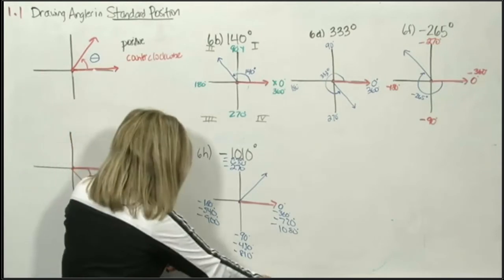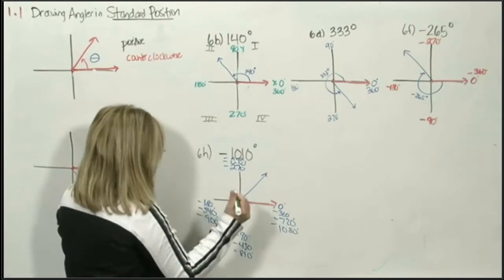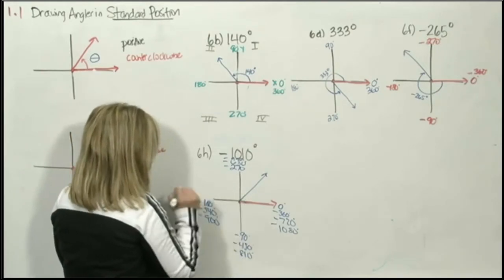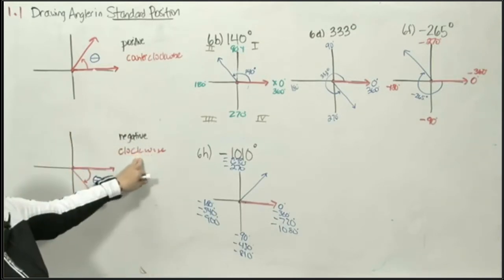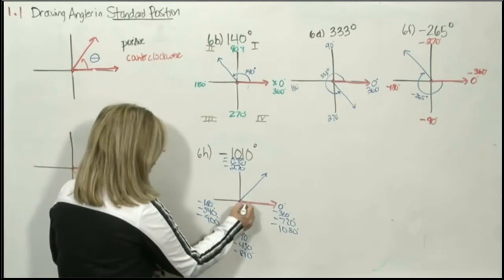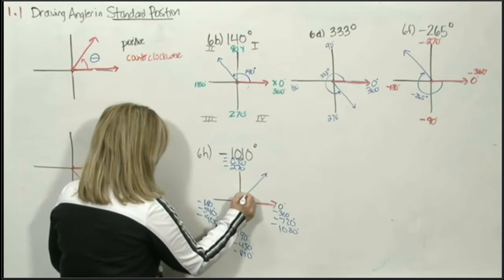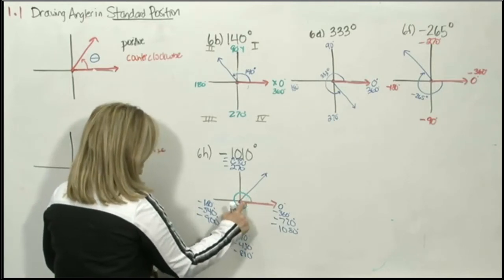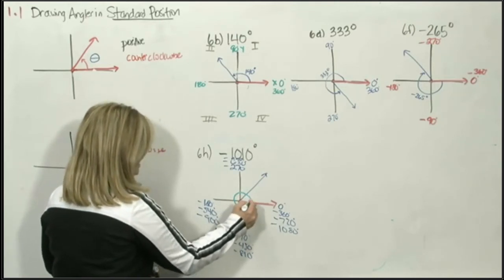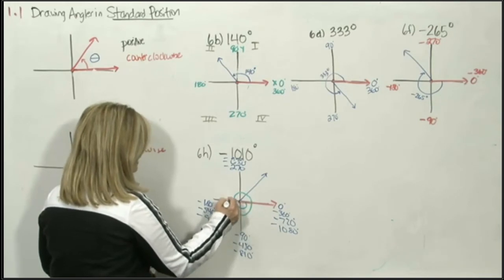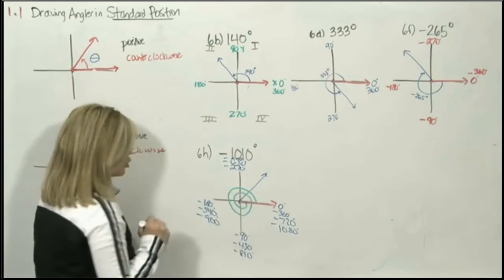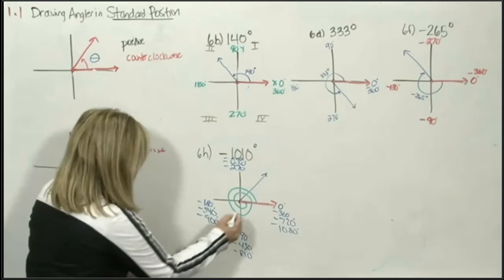If you watch the rotation of the arc, you start at the initial ray. We're going negative angle, so we're going clockwise. So watch, we're going to go all the way around once because that was 360. Don't land it back where you started. Leave a space because you went all the way around again. That's negative 720. Then you kept going.